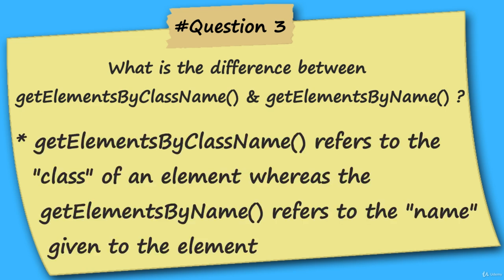So the class name and name are different methods. The class name refers to the class of an element, whereas the elements by name refers to the name which is given to the element. Remember, never get confused with ID and name, because name can be a duplicate value, but in case of ID, you should never keep a duplicate ID.